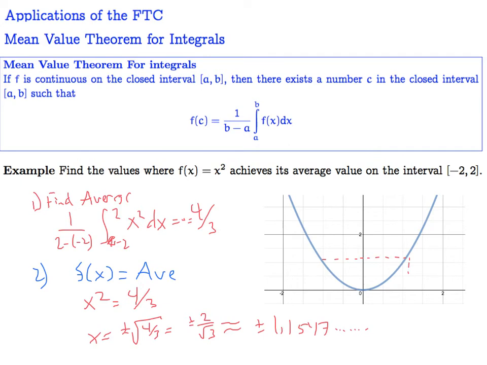And so these are the values where our function actually achieves its average value. So these are interesting values where we actually achieve our average height. And that's pretty much all there is to it for finding these average value places for continuous functions.